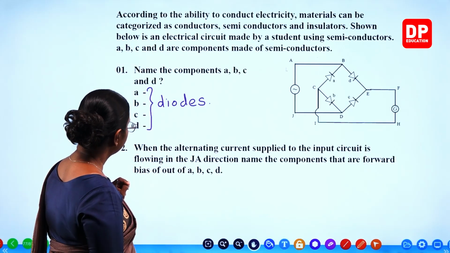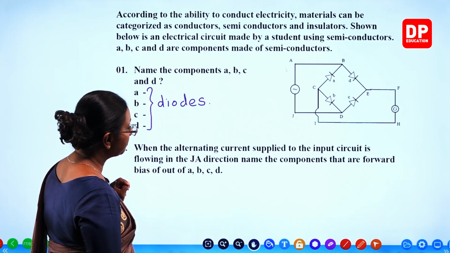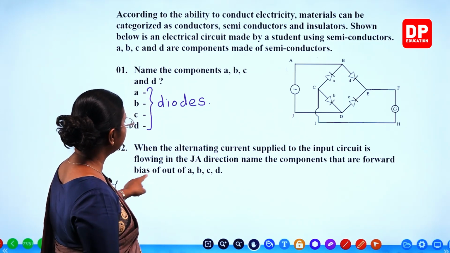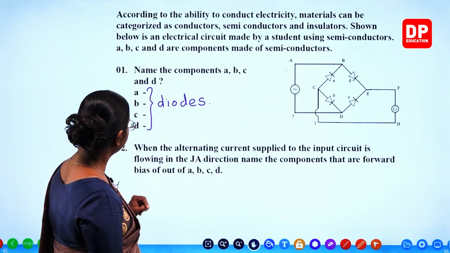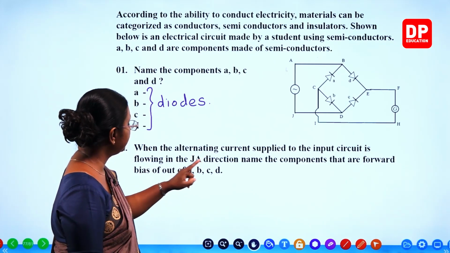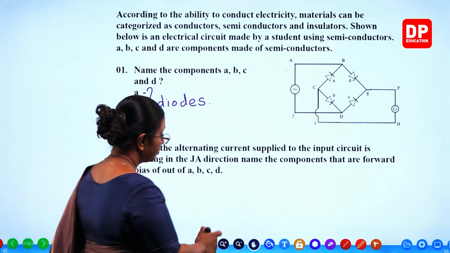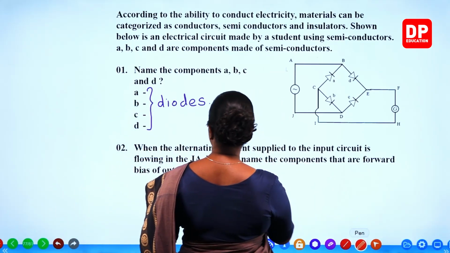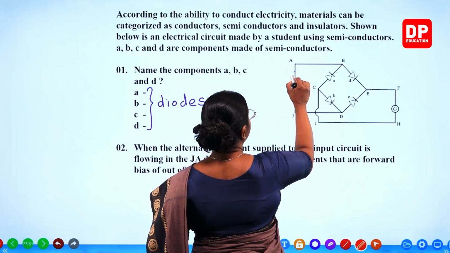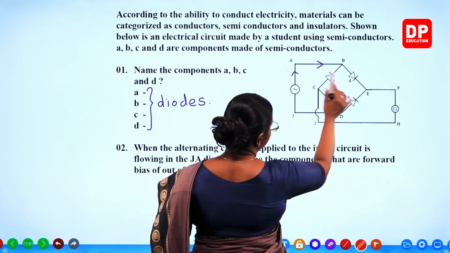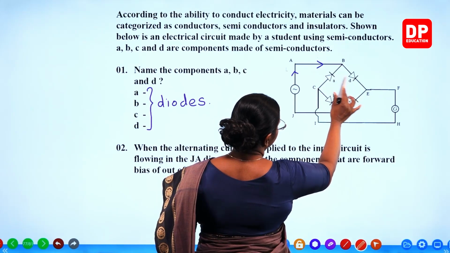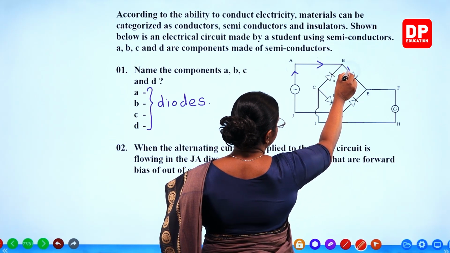Then the second one. When the alternating current supplied to the input circuit is flowing in the JA direction, name the components that are forward biased out of A, B, C and D. So, if the current is flowing in the direction J to A, then when it comes to point B, you're familiar with this now. When you look at A and D, D will be forward biased.